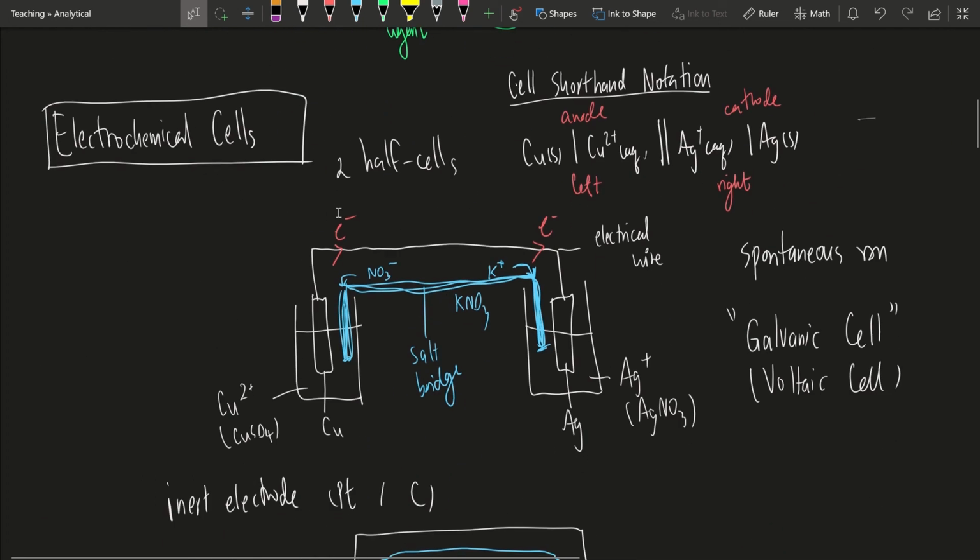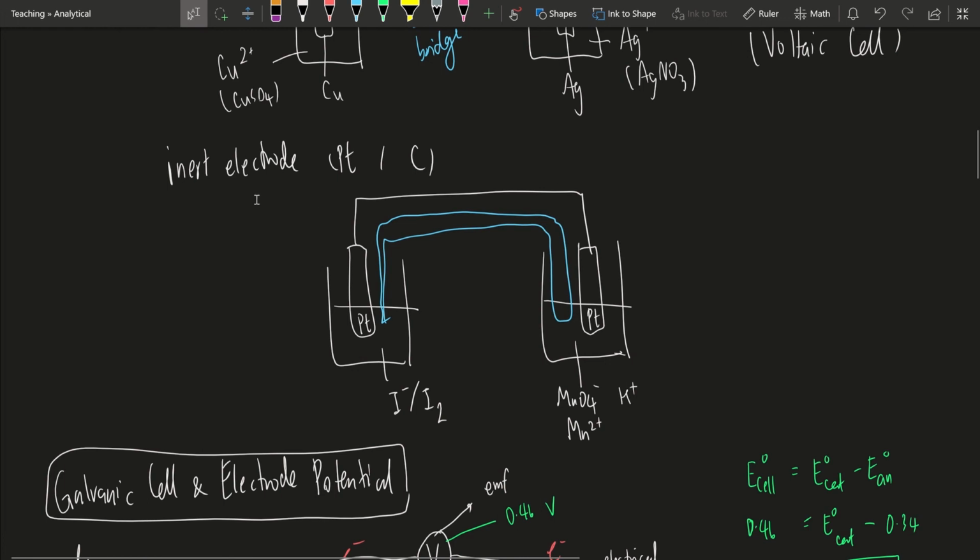In electrochemical cells, we talked about the galvanic cell first, and we labeled and defined anode and cathode, for which we used copper and silver half cells as the example here. And the galvanic cell is the cell of the spontaneous reaction, and we learned how to describe it using the cell shorthand notation. And we talked about the inert electrode as well, in case of the redox reaction without the solid electroactive species.